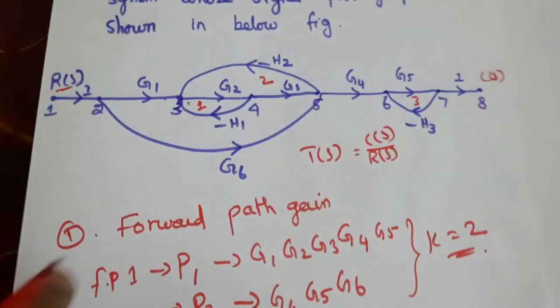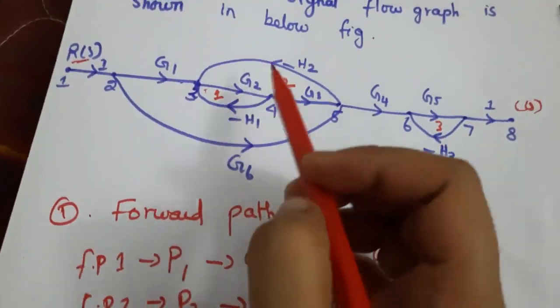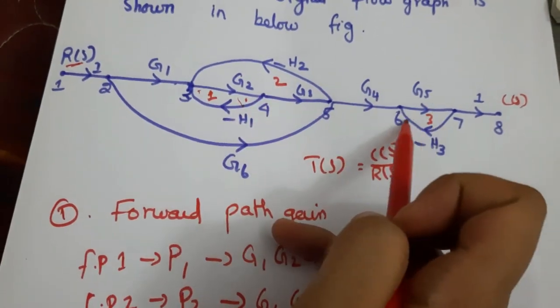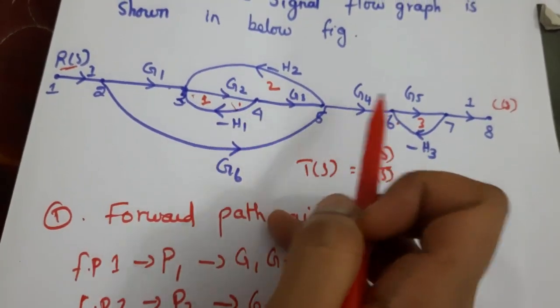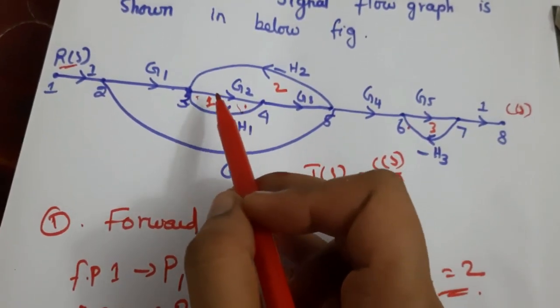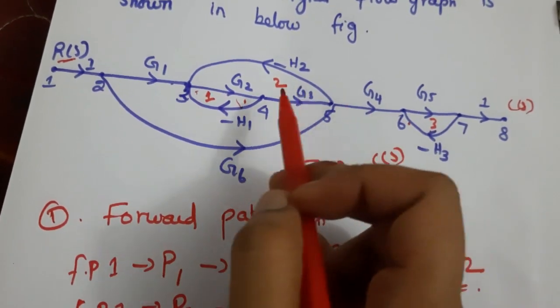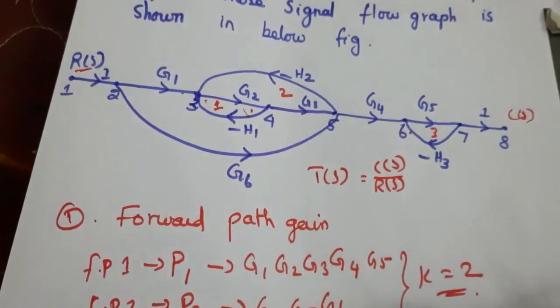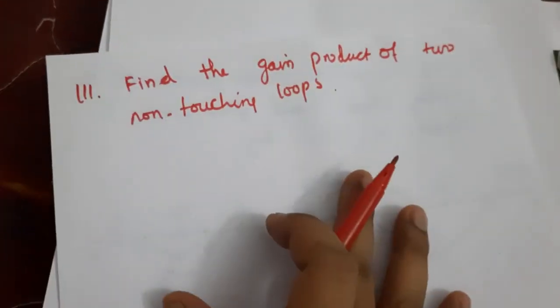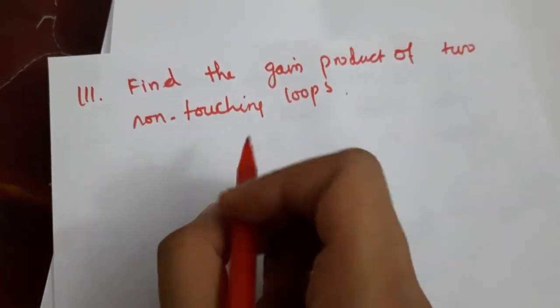If you are considering this, the non-touching loops here are 1 and 3, and 2 and 3. These are non-touching loops, which means no nodes are common to both loops. So now we have to find the gain product of two non-touching loops.